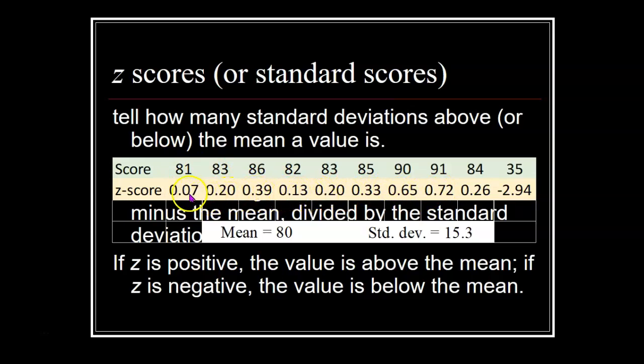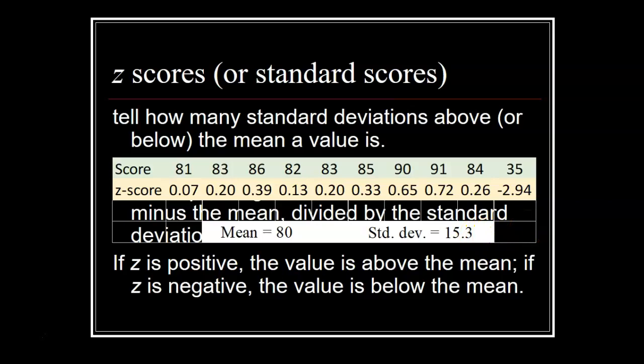They're not very big, but they are positive, indicating that that score was above the mean by at least a little bit. And then for this last score, 35, that was way below the mean, the Z-score is negative. It's negative 2.94. So that's almost negative 3, meaning that a score of 35 is almost 3 standard deviations below the mean. And that's quite a bit.